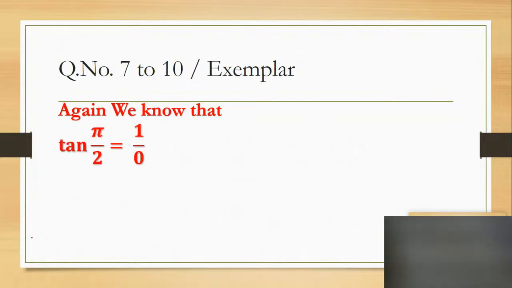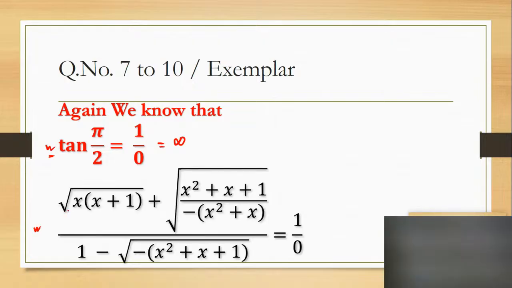We know that tan pi by 2 equals infinity, and the value of infinity is 1 by 0. So the next step here will be this whole expression equal to tan pi by 2, and the value of tan pi by 2 is 1 by 0.